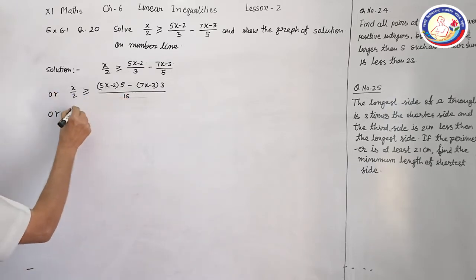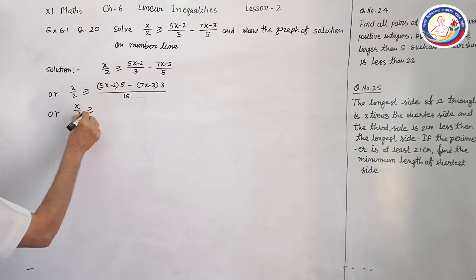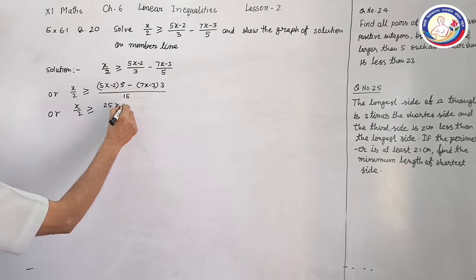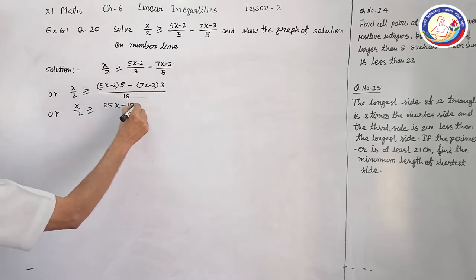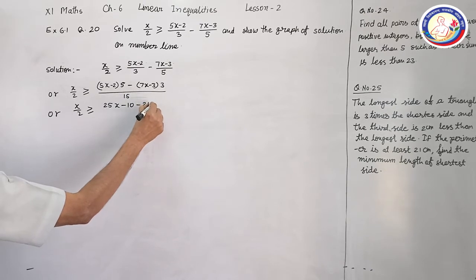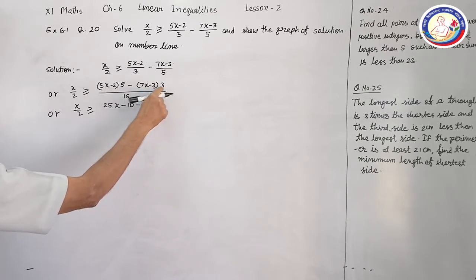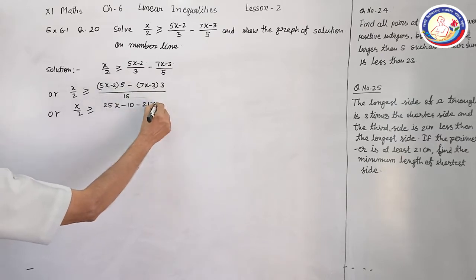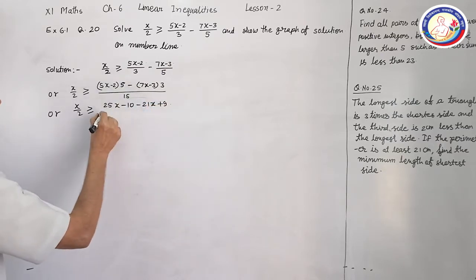Next we will get x by 2 is greater than or equal to 5 into 5, that is 25x, minus 5 into 2, that is 10, minus 7 into 3, 21x, and 3 into 3, 9 with negative sign, and here it is also minus. So we shall have plus 9 divided by 15.